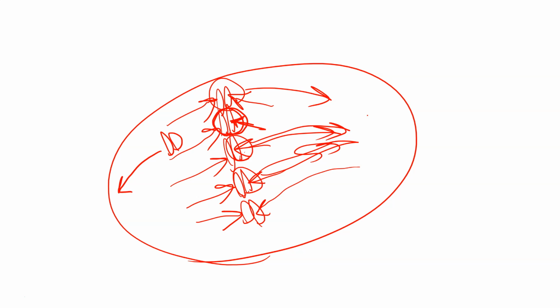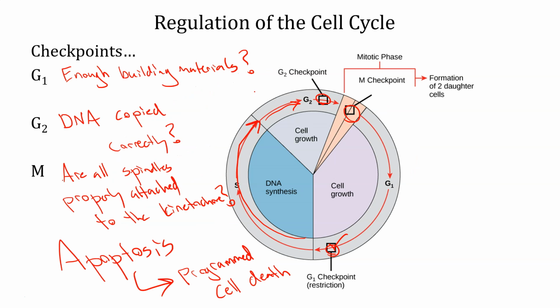And so this side over here would not have that chromosome, and this side over here would have two sets of that chromosome. Well, that is a very problematic thing. A cell generally can't survive if it doesn't have all of its genes. So it's important that every kinetochore has a spindle attached to it before anaphase occurs. So that's what's going on here at the M checkpoint.